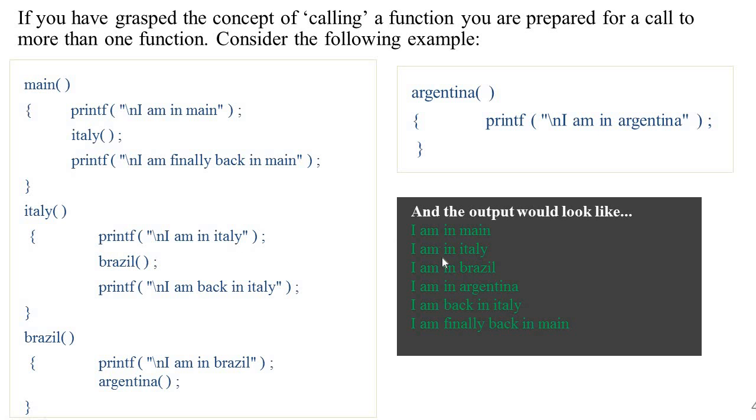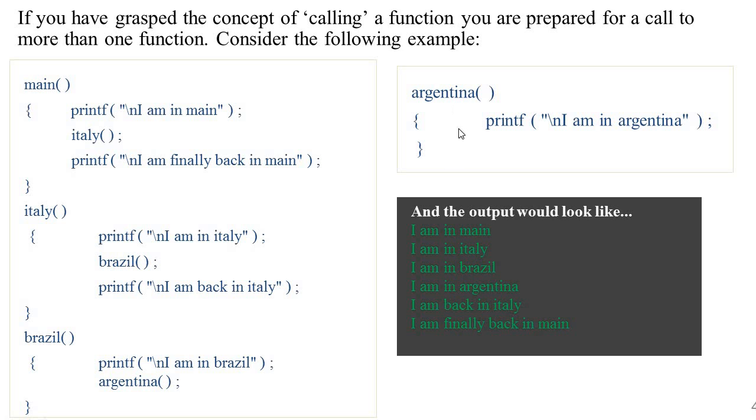I am in Italy. You got your second statement. Now it is calling Brazil, so again it will search for Brazil, and inside this Brazil there is another statement, I am in Brazil. So you got this statement, and again it is calling the Argentina function. Over here this is our function, and I am in Argentina. That is the last statement inside this Argentina.